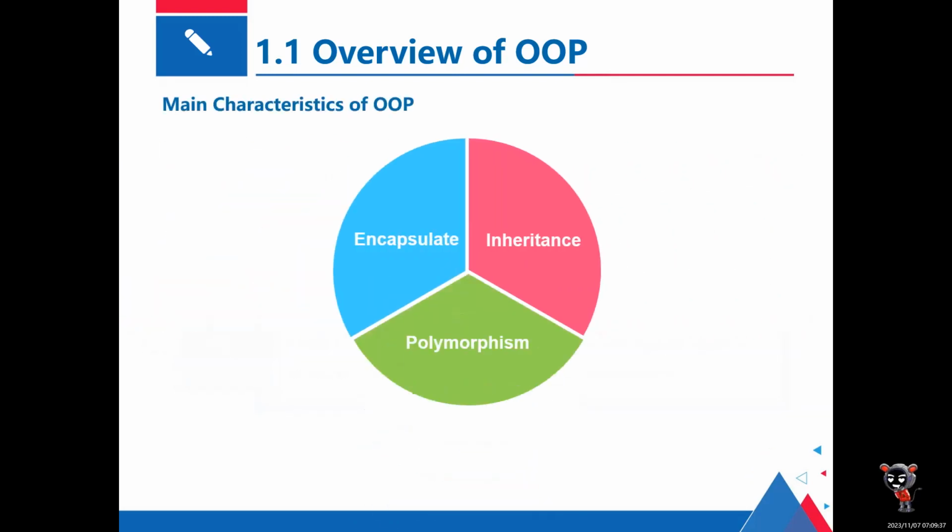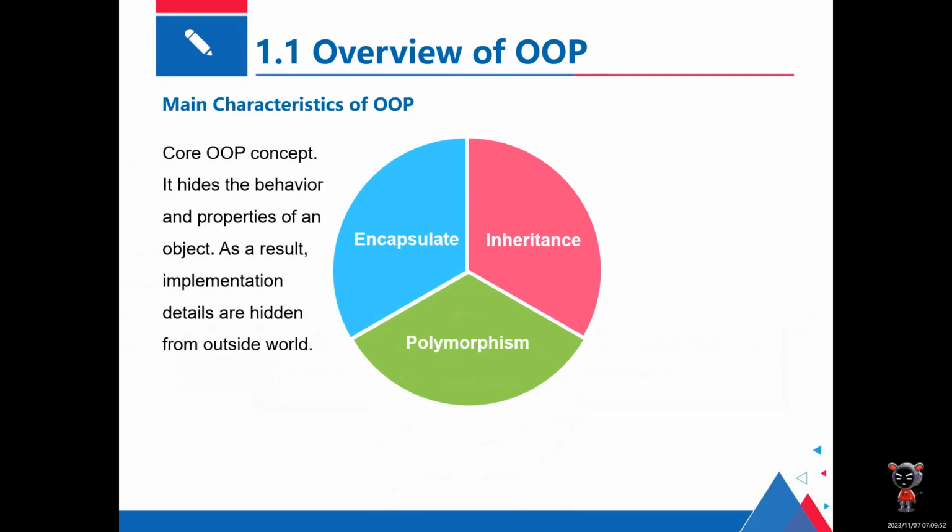So there are three main characteristics of object-oriented programming. The first one is encapsulation, the second one is inheritance, and the last one is polymorphism. Encapsulation is the core concept of object-oriented programming. The idea behind encapsulation is to hide the implementation of the class.